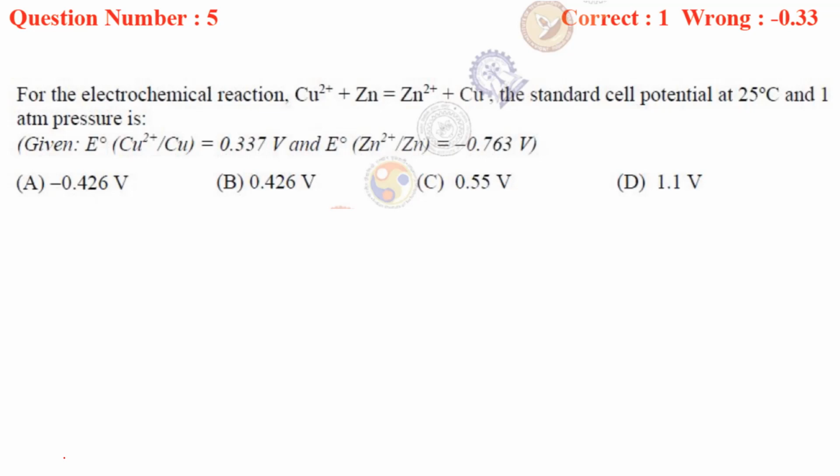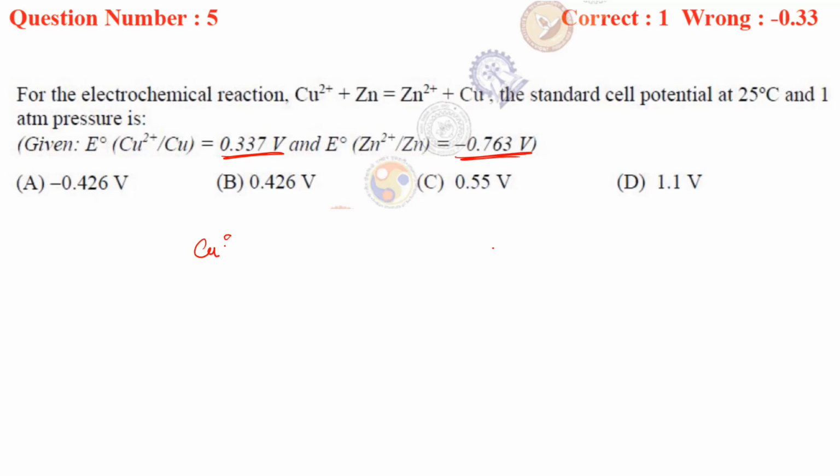The reduction potential of Cu2+ to Cu, E naught, is 0.337 volt, and the reduction potential of Zn2+ to Zn is minus 0.763 volt. The E naught value is nothing but the reduction potential.